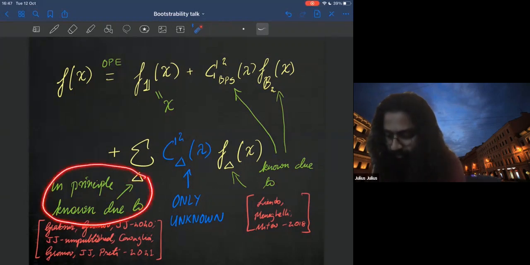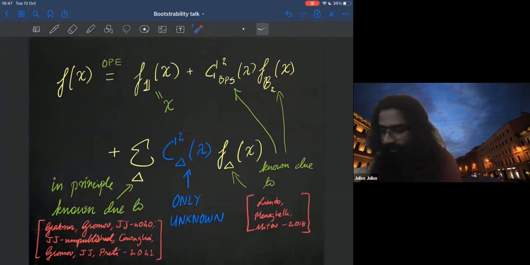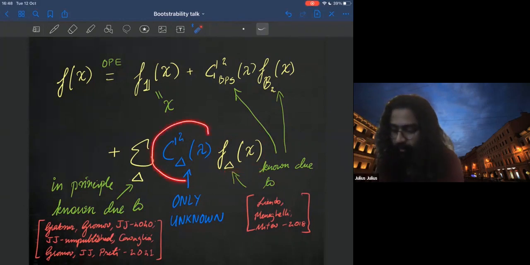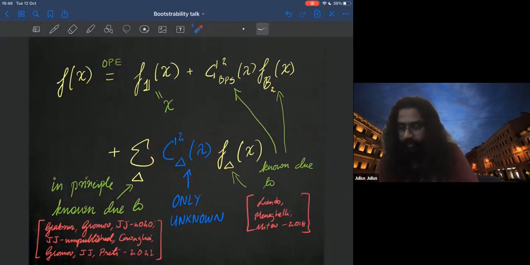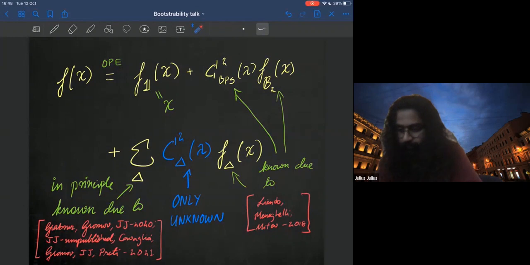The spectrum in principle is known due to what I explained previously, and also Lee and Domenech managed to figure out the conformal blocks. So actually, the only unknowns in this equation are the OPE coefficients or structure constants of the long operators. So that's very good.